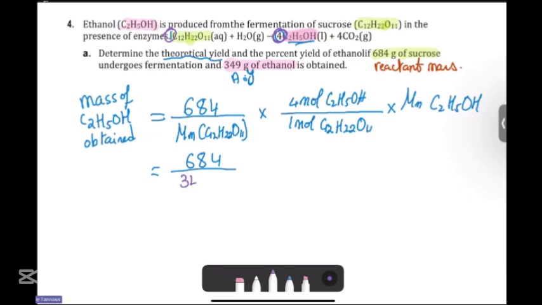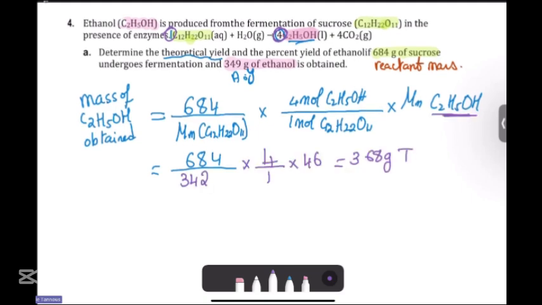I used the periodic table, 342 times 4 over 1 times the molar mass of this one, which is 46 gram per mole. So the final answer would be 368 gram. That's what I am expecting, theoretical yield of C2H5OH.